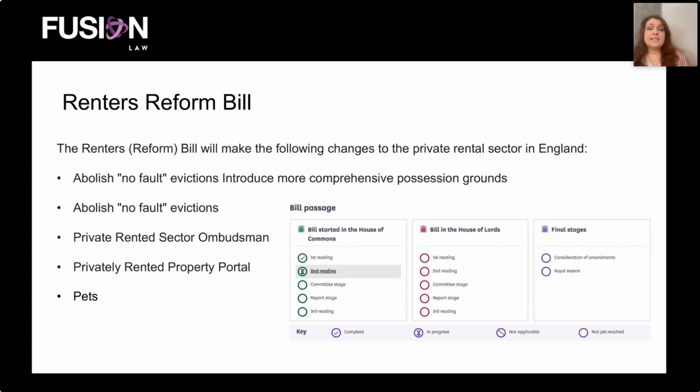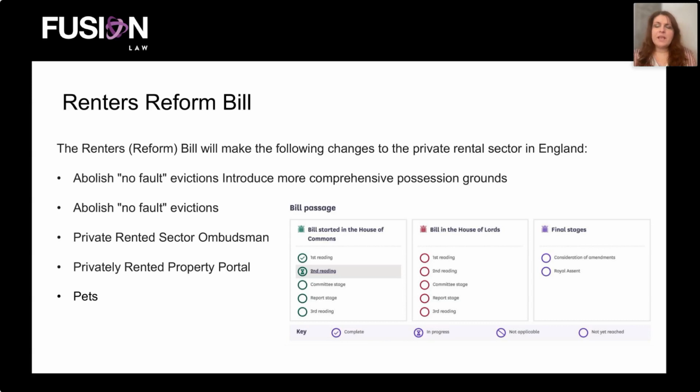The effect of that will be that most tenancy agreements will be fully periodic, i.e., there will be monthly assured tenancies, which may only be terminated by the landlord where they have one or more of the grounds for possession and they are satisfied. This will make it much more difficult for landlords to terminate tenancies, especially if they don't have a legitimate reason to do so.